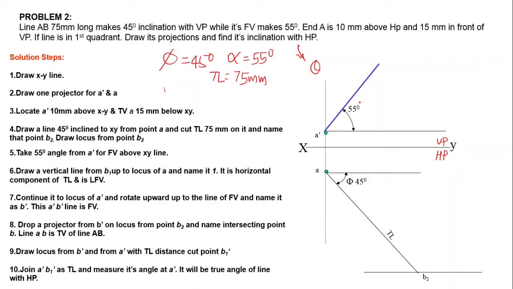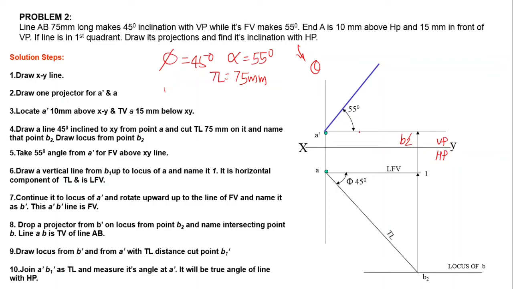Then we can mark that 55 degree in front view and we can draw a straight line in which the front view can lie. Then we can mark the locus of endpoint B like this, locus of endpoint B. Then we can project it and find out this point B2 dash in such a way that A dash B2 dash must be parallel to XY line.